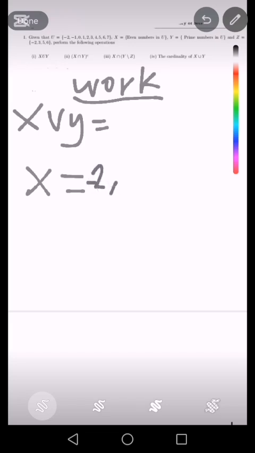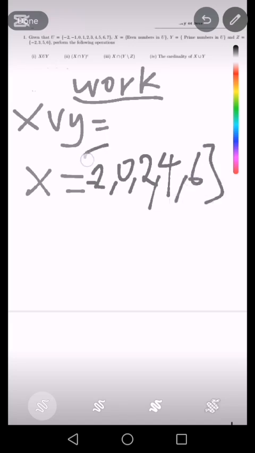So -2, 0, 2, 4 and 6. According to the universal set, those are the even numbers.